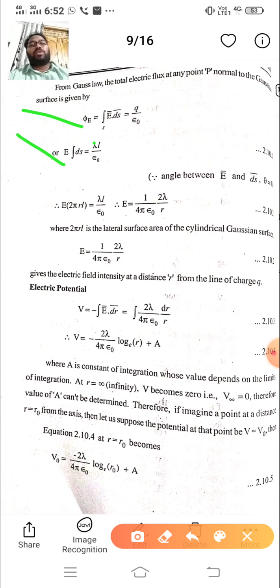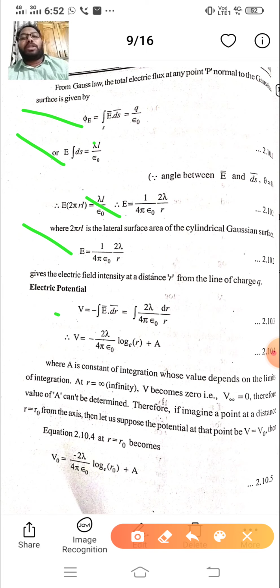Substituting these values, we get E equals 1 by 4 pi epsilon into 2 lambda by R, where 2 pi RL is the lateral surface of the cylindrical Gaussian surface. This is the electric field for a linear charge conductor.